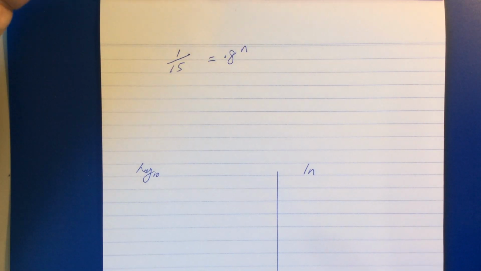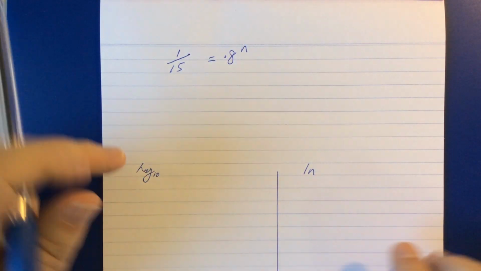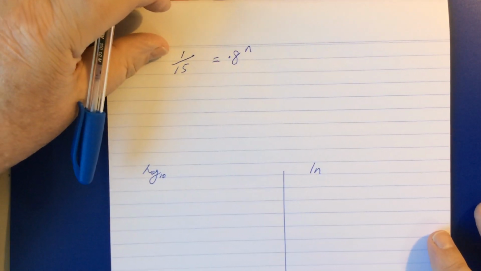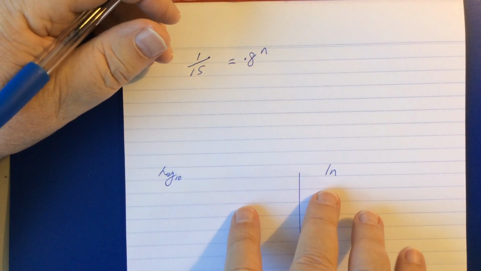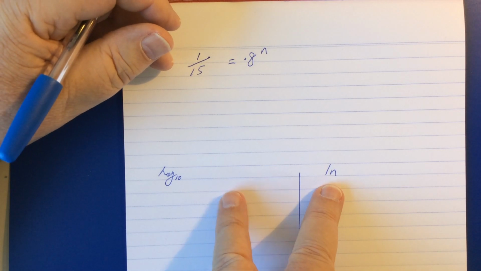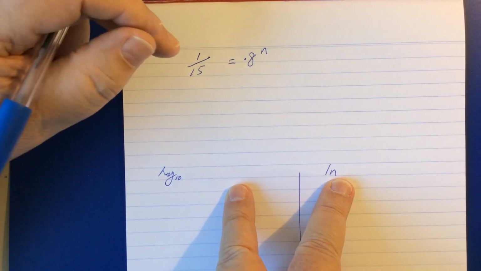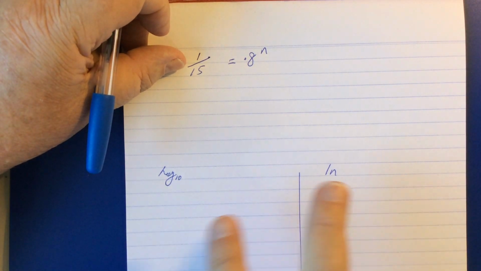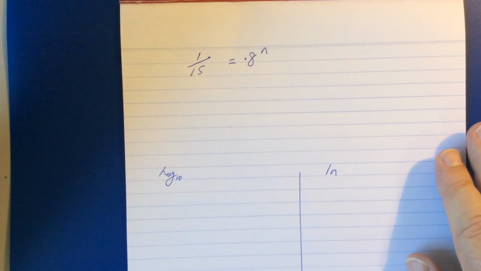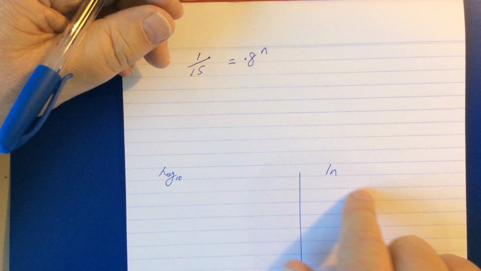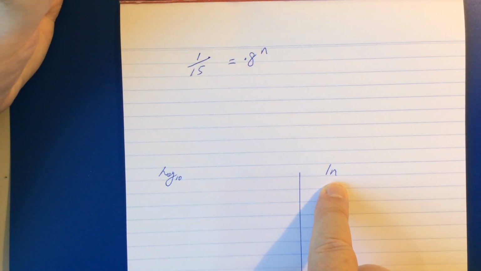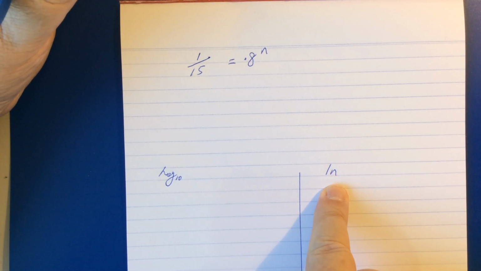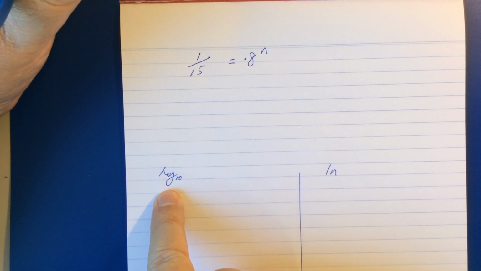How do we go about this? Well, the clue is here. We take the log of each side, and I'm going to do this calculation once I set it up. I'm going to do it using logs in base 10 and natural logs, just to show that they both get the same result, as I'm not sure which my viewers are more used to.